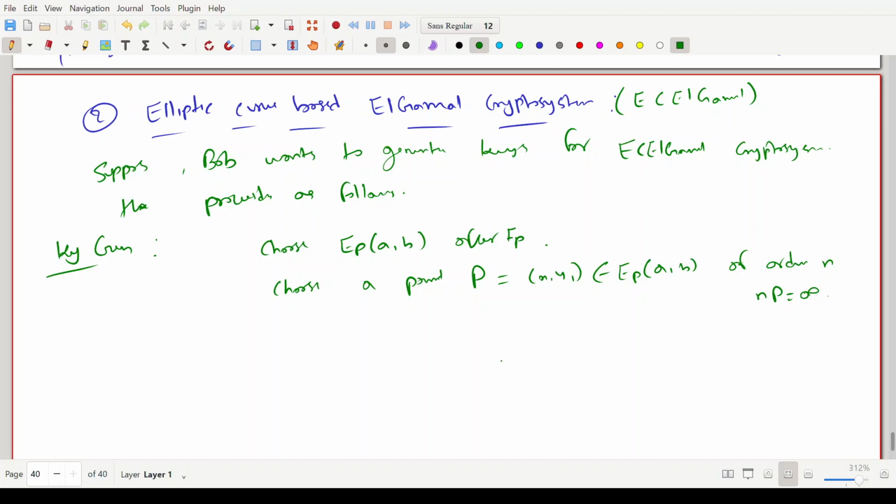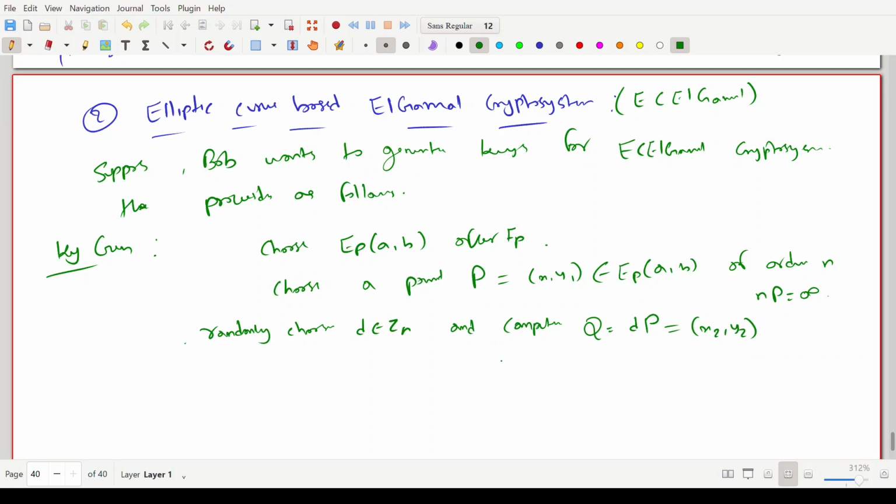Then he randomly chooses D belonging to Zn and computes Q equal to D times P, let me call it (x2, y2).